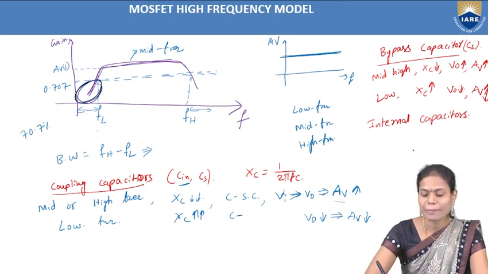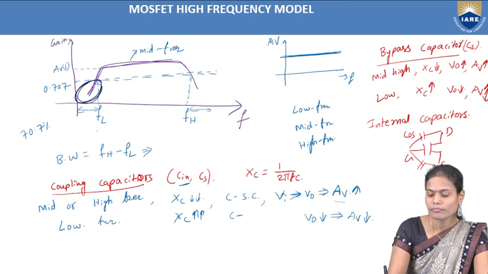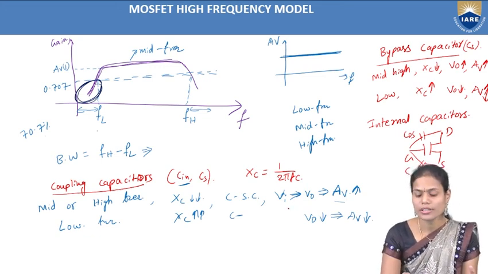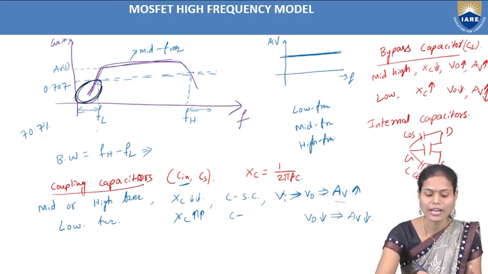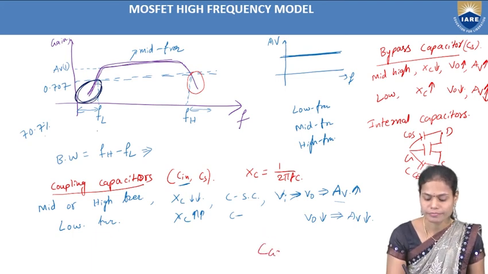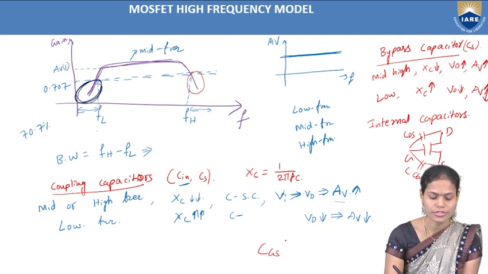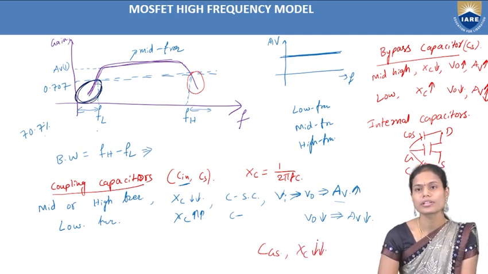These internal capacitors are present between the gate and drain terminals, that is CGD, and between the gate and source terminals, that is CGS. Because of the effect of these internal capacitors, there is a reduction of gain at the high frequency range. Why? Because at high frequency ranges the reactance of the capacitor, CGS, is decreasing here.